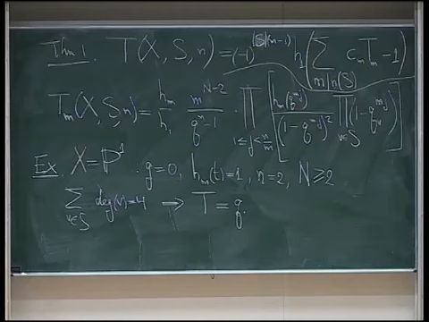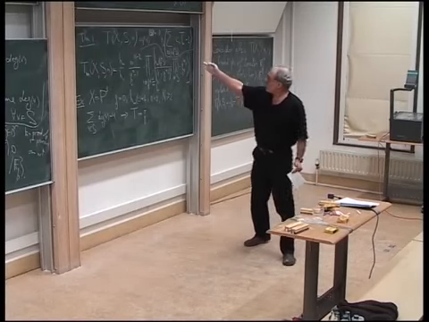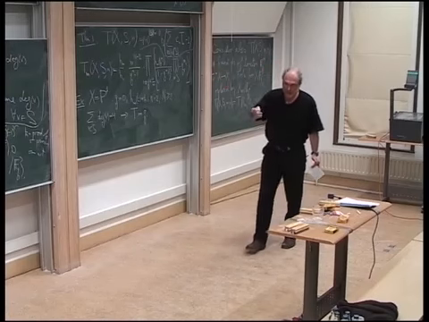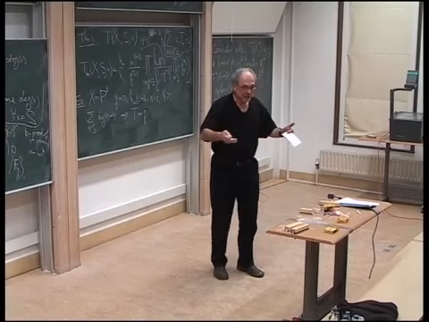So what I want is to get a formula which is analogous to the Lefschetz fixed point formula, in which we would see here a virtual sum of powers of Weil numbers.